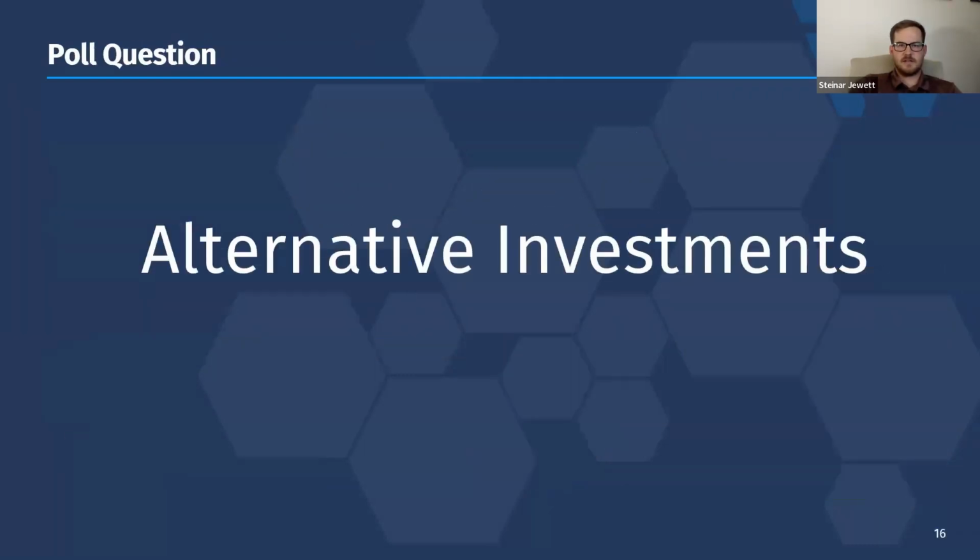So let's get into a couple of alternative investment questions. Let me pop up a question here, and we'll start off with a little bit of an easier one. Which one of these is an alternative investment? We have 1, treasury bond; 2, stock in a public company; 3, gold; or 4, a money market fund.